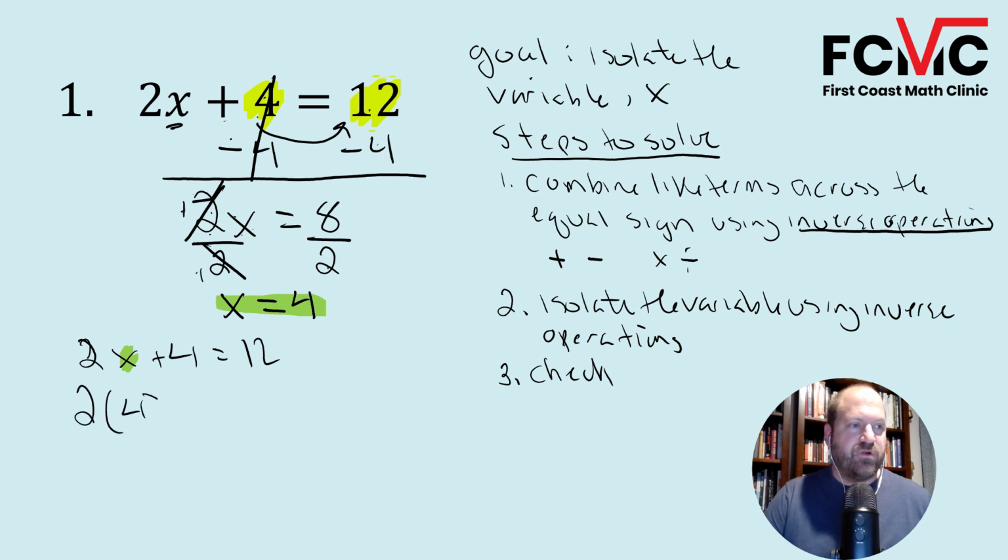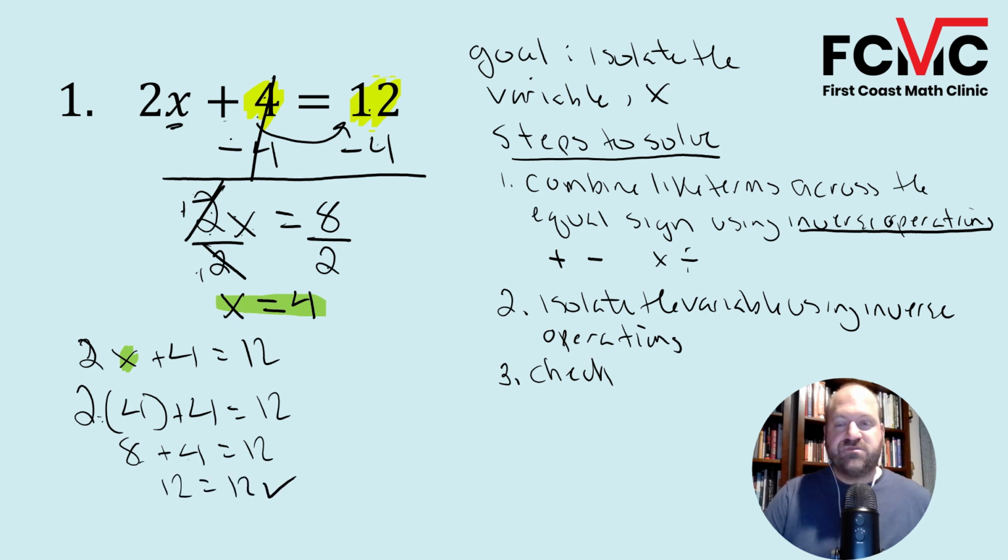So I'll have 2 times 4 plus 4 equals 12. Order of operations, let's do multiplication. So I'll get 8 plus 4 equals 12, and I get 12 equals 12. So our answer checks.